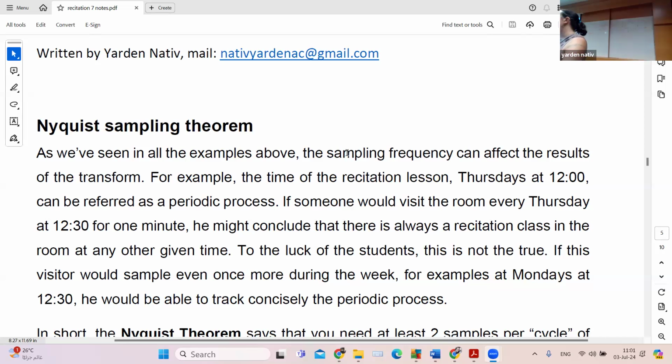And then you needed to sample this sine wave. One time it was a really good sampling like this, and in the other one you had a lower sampling rate, and then you could interpolate it to something like this. Remember that you could not really interpolate it in the right way due to the sampling frequency that you had.